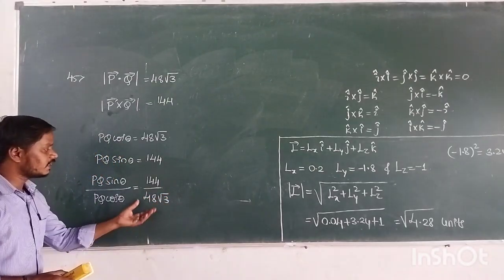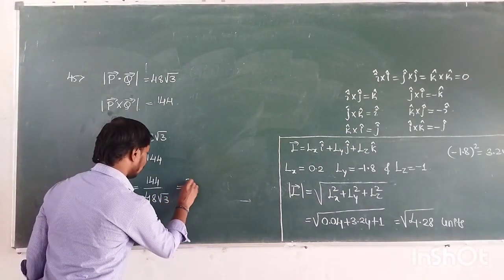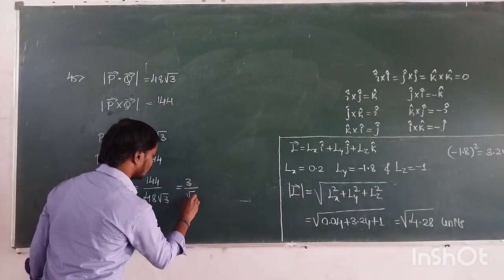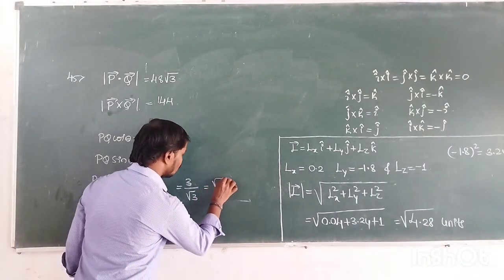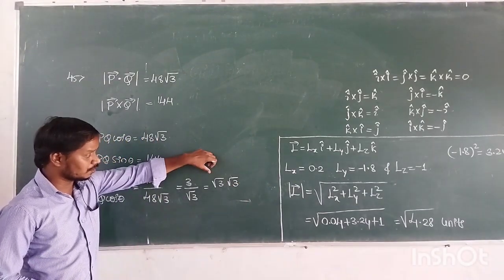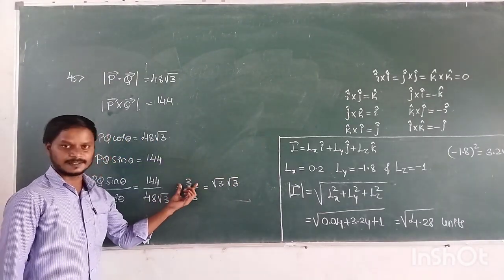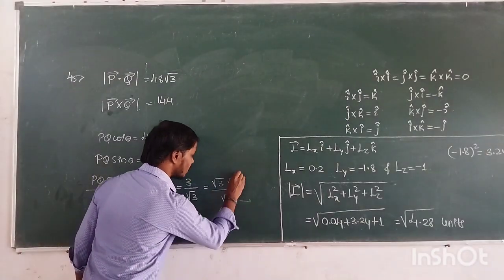Then 48 threes are 144. Then 3 by root 3, and this can be written as root 3 into root 3 by root 3, because root 3 into root 3 is 3. Then root 3 gets cancelled.